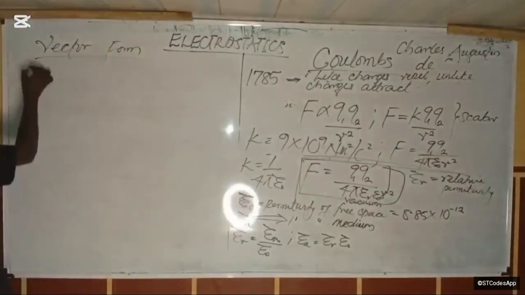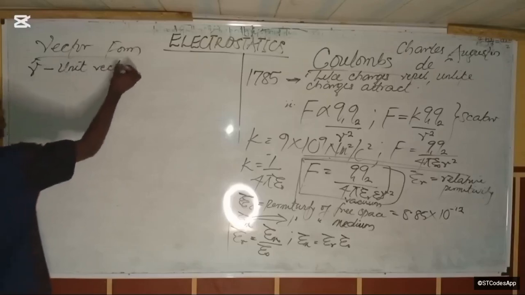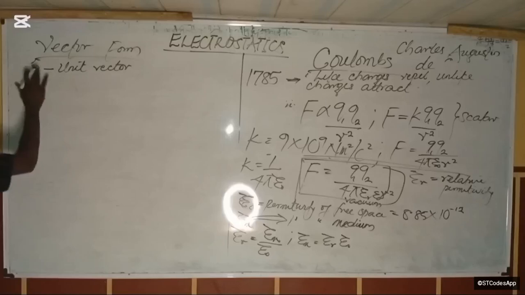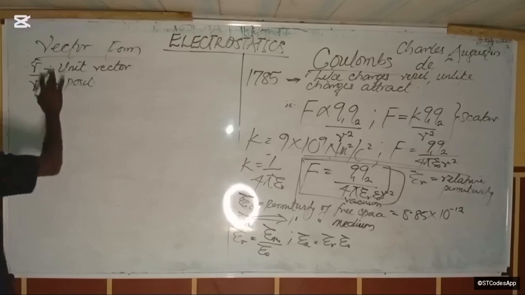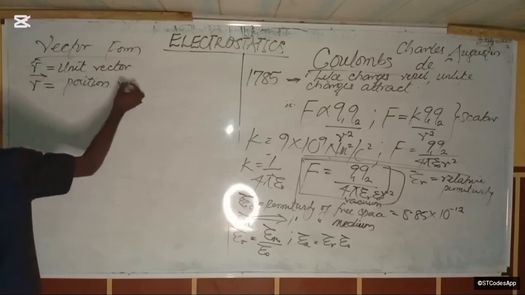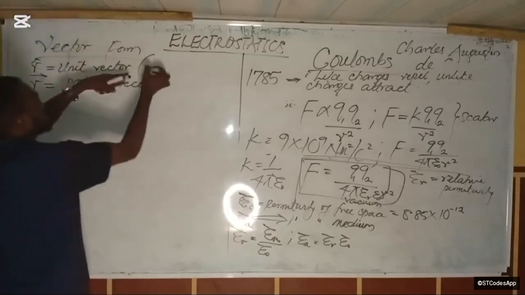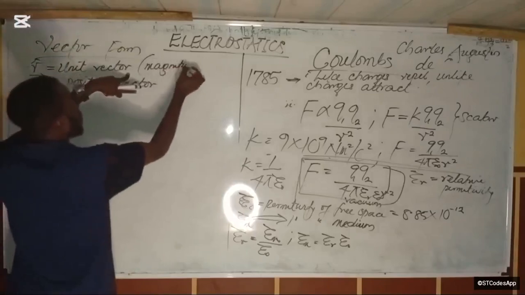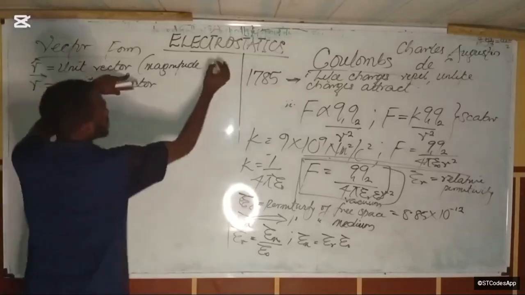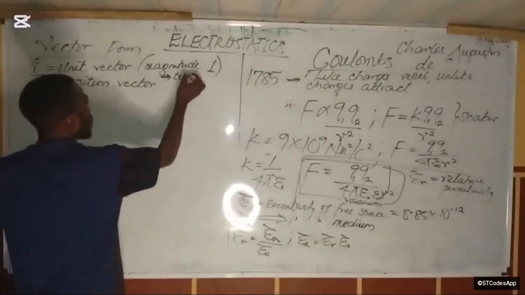So there is this, which means unit vector, R cap. Then R with an arrow is a position vector. Now, a unit vector is just a vector that has a magnitude of 1, and it only gives direction.